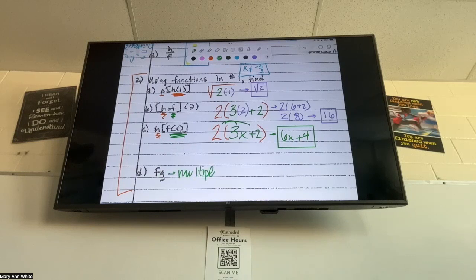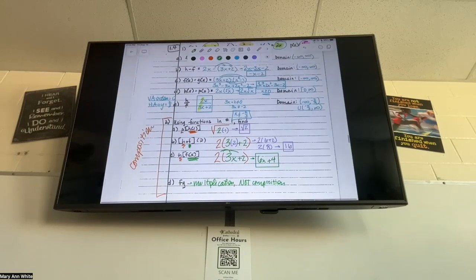This is another way to do multiplication. It is not a way to do a composition. And I actually think we did this one earlier. Didn't we do F times G earlier? Yeah, we did it up here at C. We did F times G up there. So you could look at number 1 letter C in order to see what that looks like.